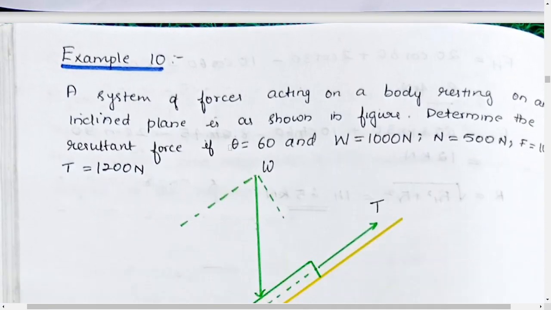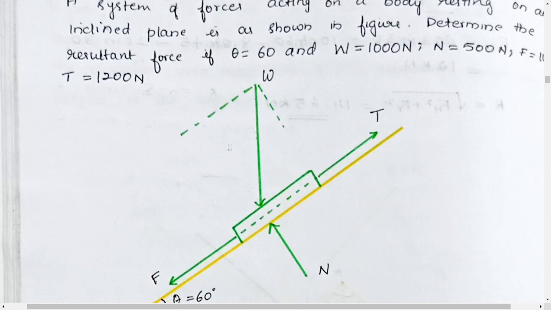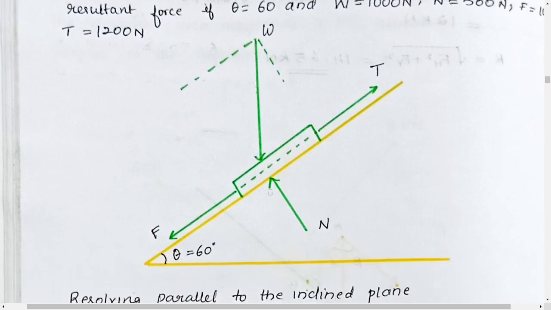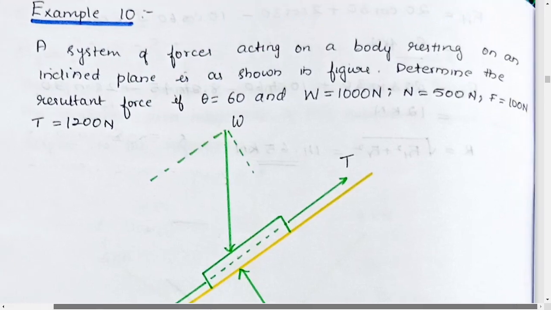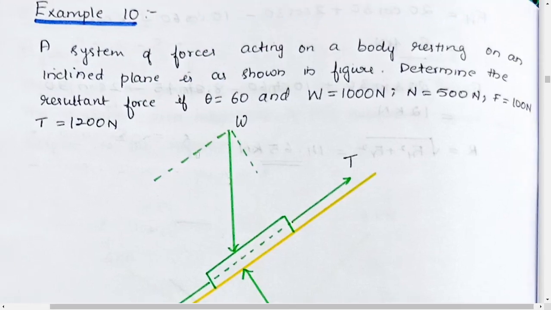So let us see the example here. I just wanted to tell you this because otherwise you won't be able to do this problem. This is a wedge and a box problem. I'll just take this aside, making it center. A system of forces acting on a body resting on an inclined plane is shown in the figure.